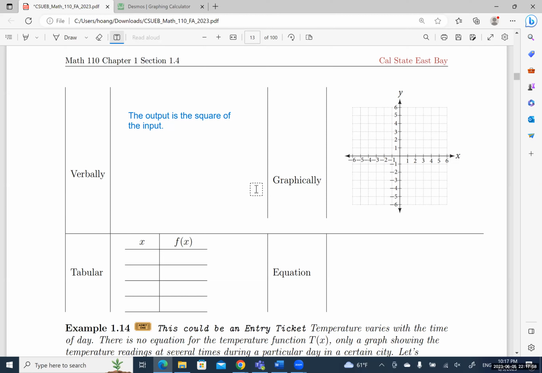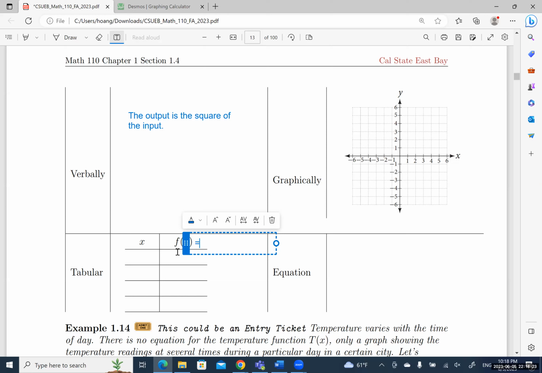actually, let's go ahead and work on the tabular one, using a table, first. So x is going to be in the left column of the table, and f(x) is going to be the right column of the table.